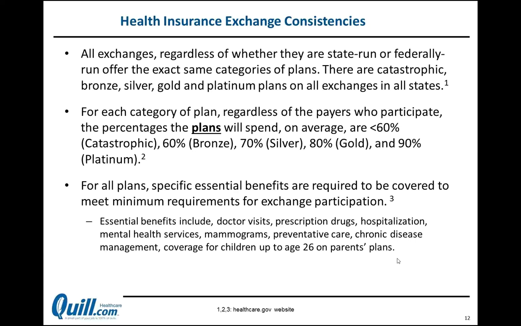That is, typically you will find that on a catastrophic plan, payers who participate basically contribute on average less than 60% of the payment, and then it goes on up to a 90% commitment on the platinum plan. So this means that where you have a high concentration of health insurance exchange patients, there's immediately an impact on your practice.